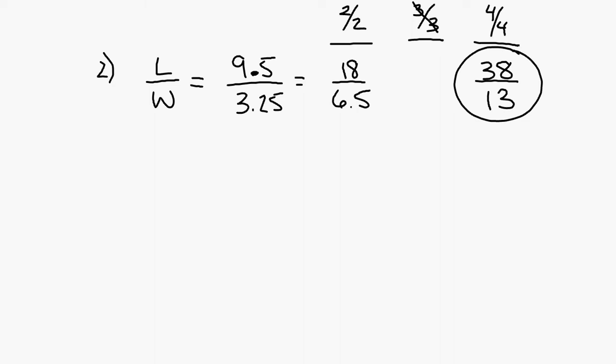Number 3. Red and gray bricks were used to build a decorative wall. The number of red to the number of gray was 5 to 2. So red to gray is equal to 5 to 2. There were 140 bricks used in all.